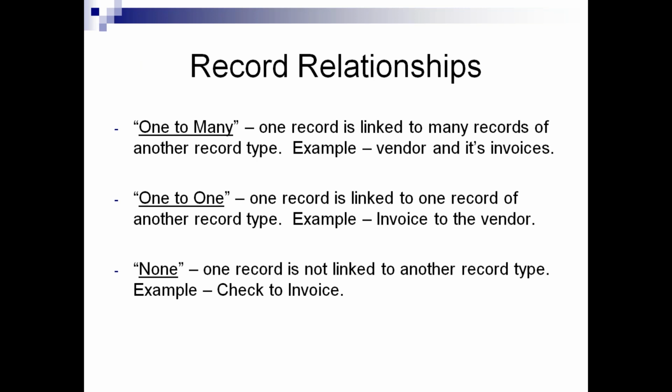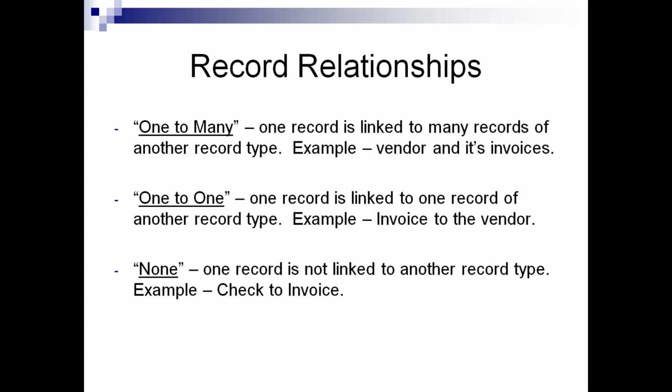Now, record relationships. This is at the bottom of page 3. If you're pulling multiple records into a report design, you need to understand a couple of these relationships. The one-to-many is the first one that I have, actually one-to-one in your handout on page 3, means it's a one-to-one relationship, meaning one vendor to one invoice.